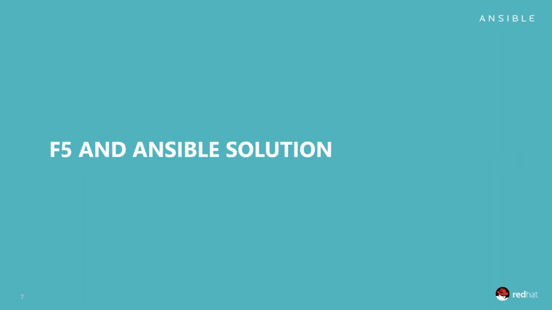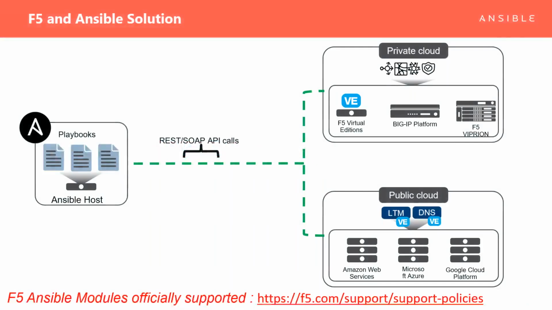So moving on, let's talk about the F5 and Ansible solution. F5 has really simple DevOps and programmable goals. The goal is to make it faster and easier for customers to deploy and consume our BIG-IP application services.